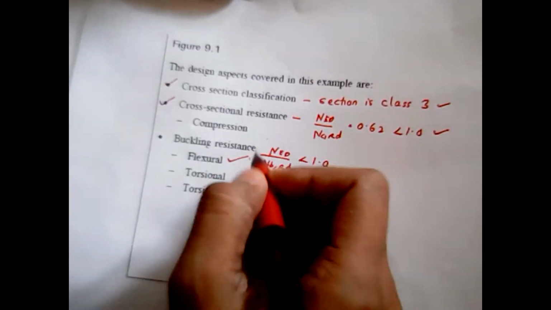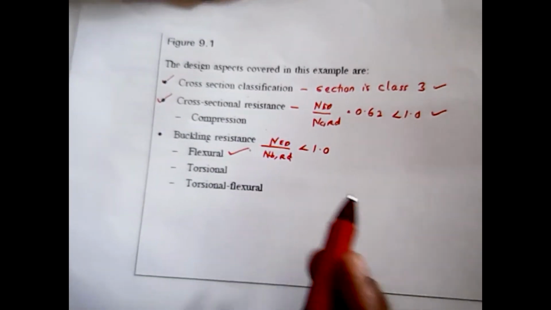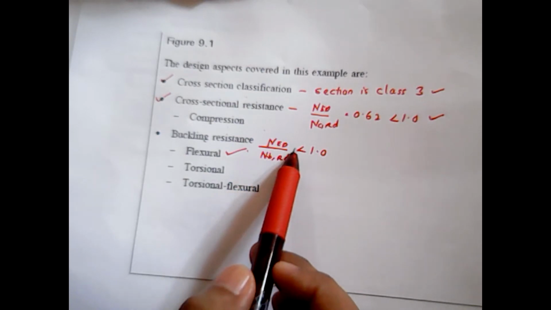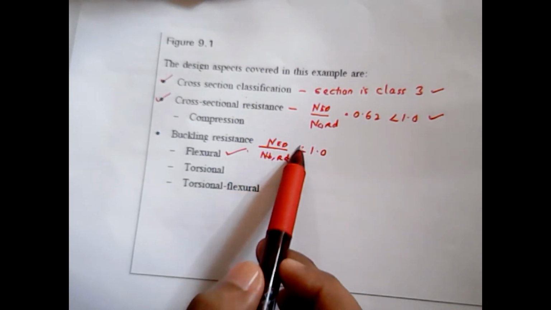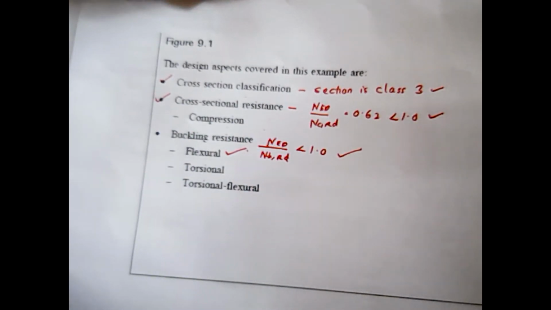So in this example, you have then satisfied the flexural resistance design. For flexural resistance, we know that you need to verify NEd over Nb,Rd must be less than 1, which is adequate.